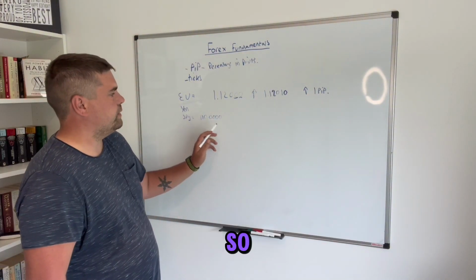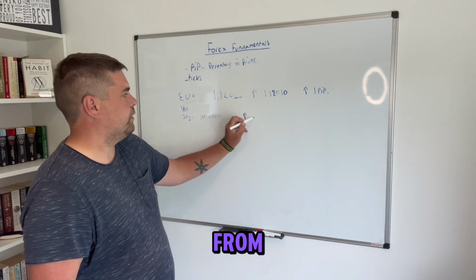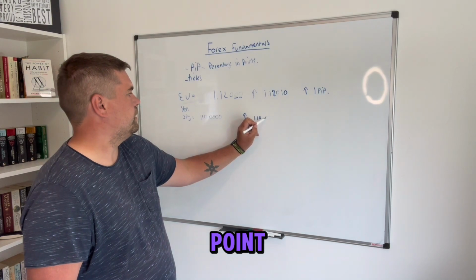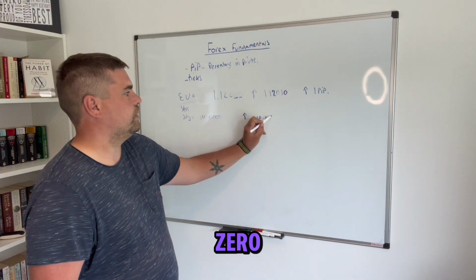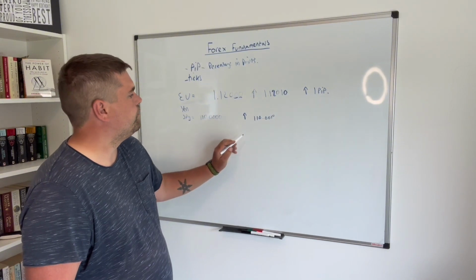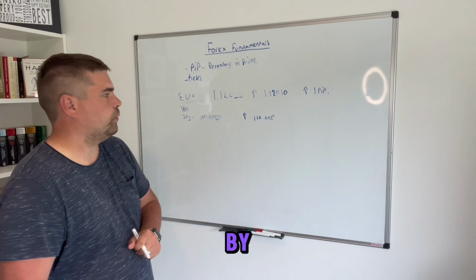With the Japanese yen, using that as an example, if price had gone up from that to 110.001, then that again has moved up by 1 pip.